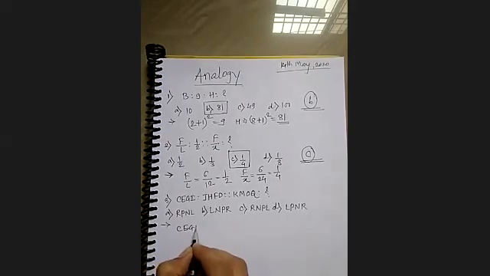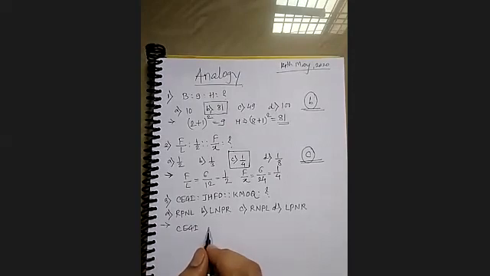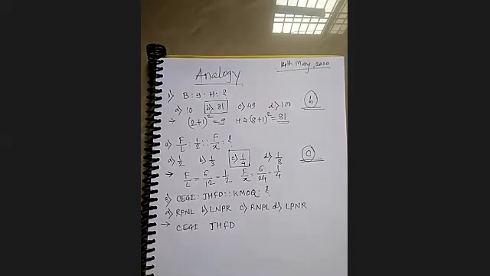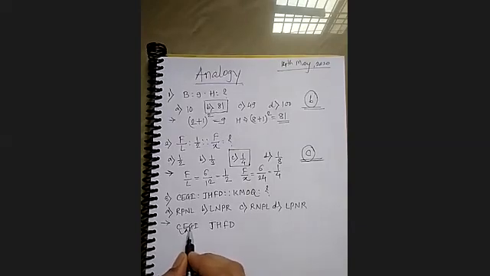CEGI, fine. Then J, H, F, and D. So this is the first pair which we can consider. So what is the relationship here? If you consider, C plus 2 is E, E plus 2 is G, G plus 2 is I, then plus 1.